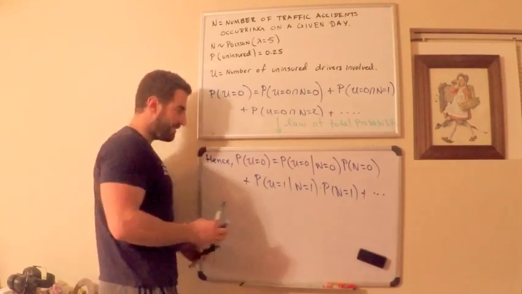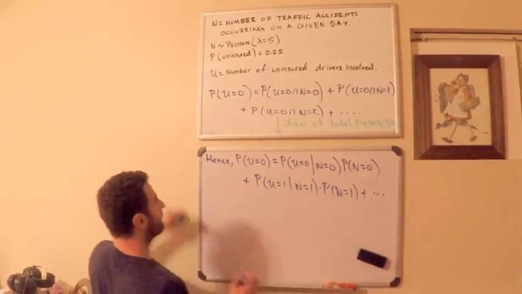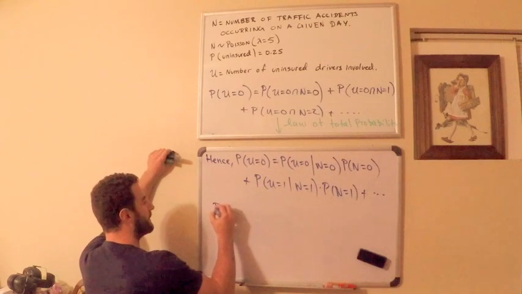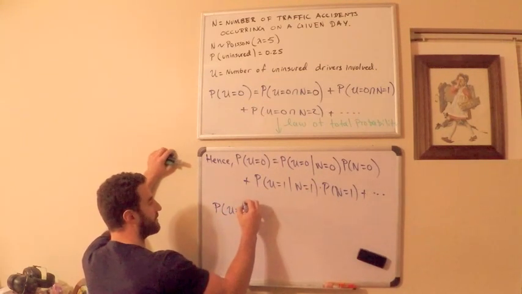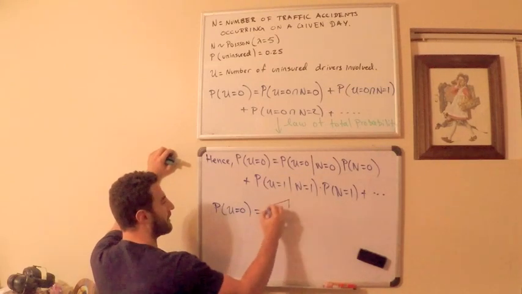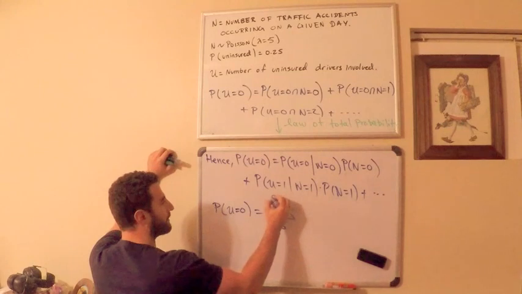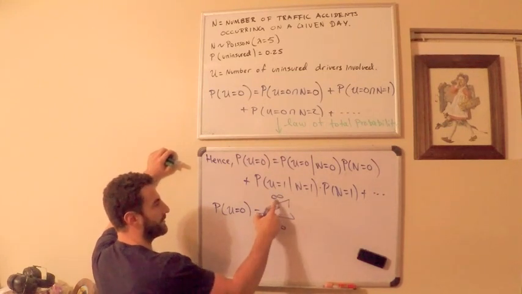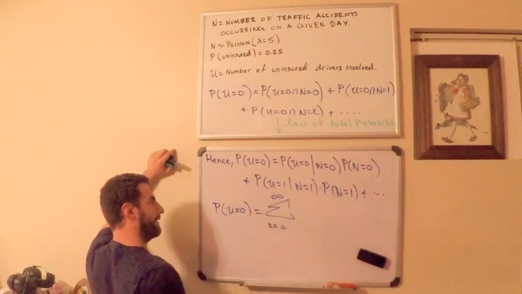Let me write this in a compact way using summation notation. The probability that there are 0 uninsured drivers involved is equal to the sum from k equals 0 to infinity. Kind of weird, there could be an infinite number of accidents. Not really, but we don't know how many. There could be more and more.